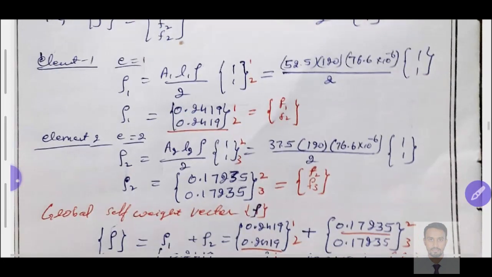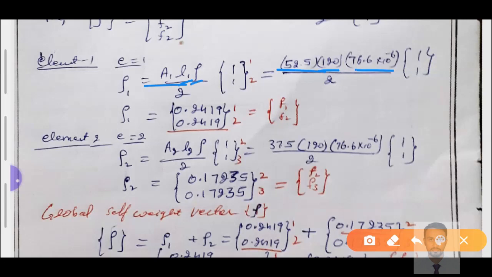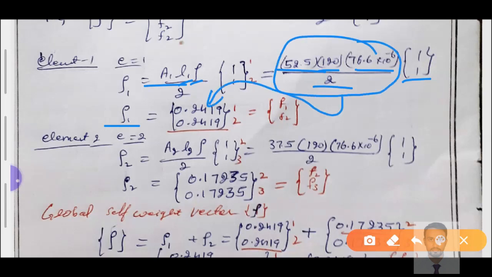Now we need to substitute the value of A1, which we have found as 52.5, and the length of the element 120 mm, and the density of the element 76.6 into 10 to the power of minus 6 is given, divided by 2. [1 1] we need to take common. Then when we calculate, that value is equal to 0.2419. That value I have multiplied inside this matrix.